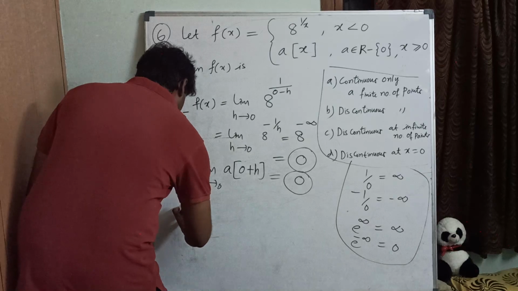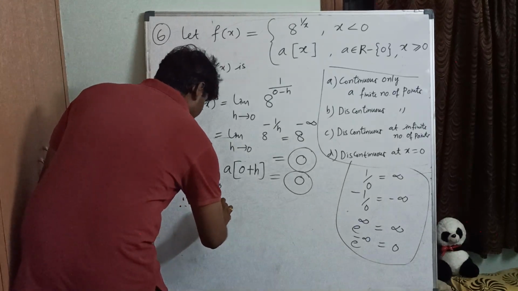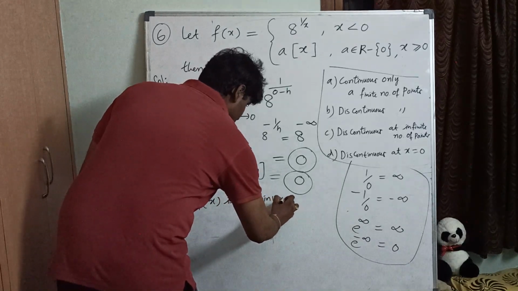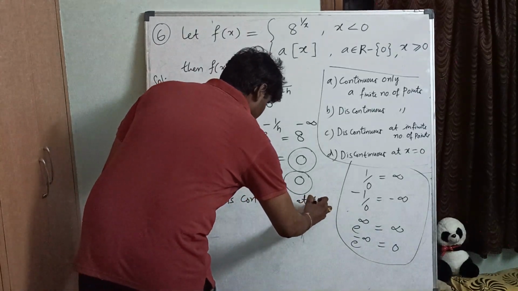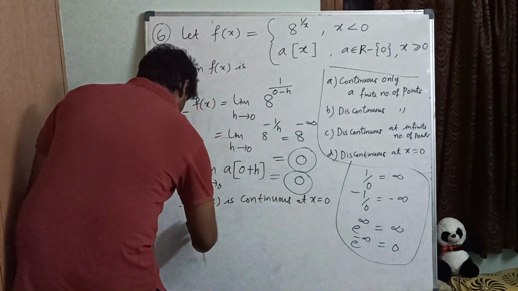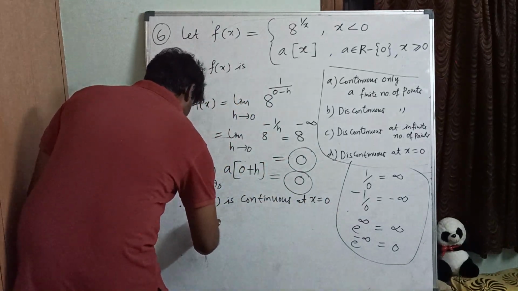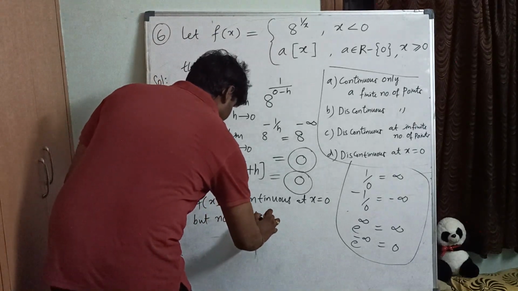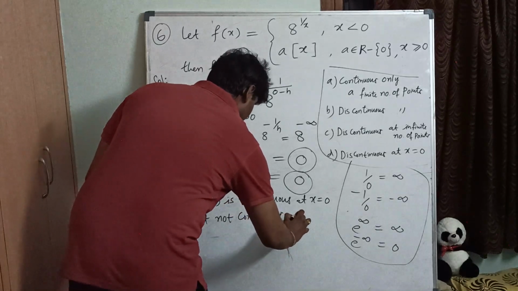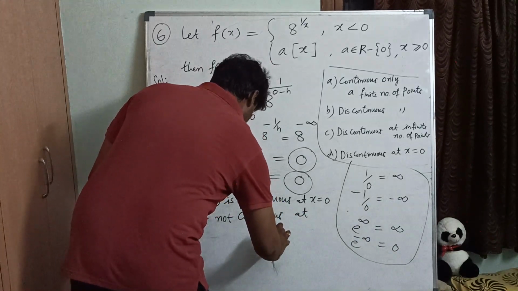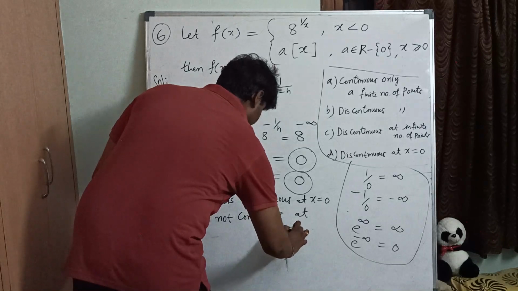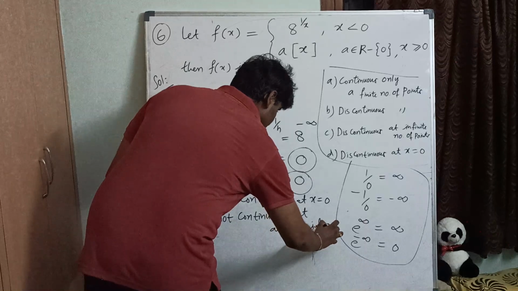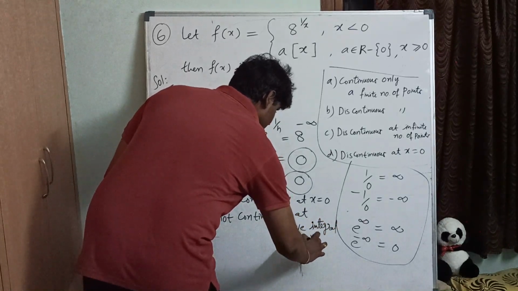So that means what can I write? f(x) is continuous at x equals 0, but not continuous at all positive integral points, all positive integral values.